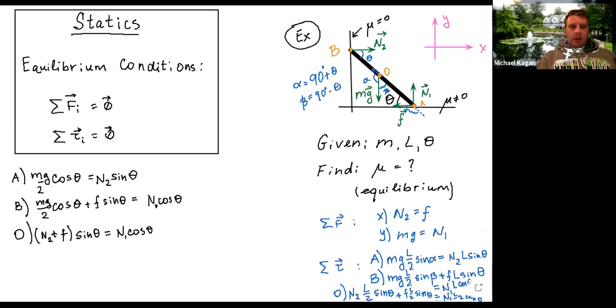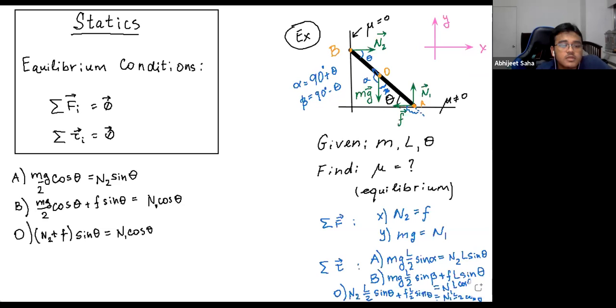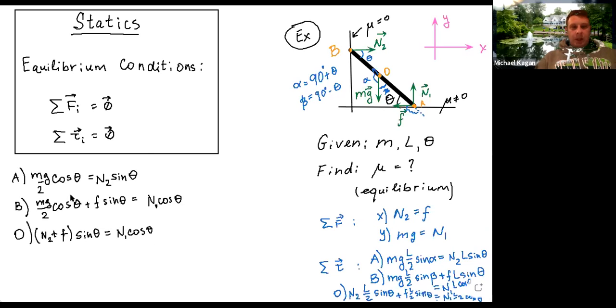Yeah, you can get A by subtracting O from B. Yeah, you could do that. Or you can say, from A, you got that the mg over 2 cos theta term is the same as n2 sine theta, and replace it in the B equation. And that would make that equation equivalent to O, right? So they're not independent, which is good.